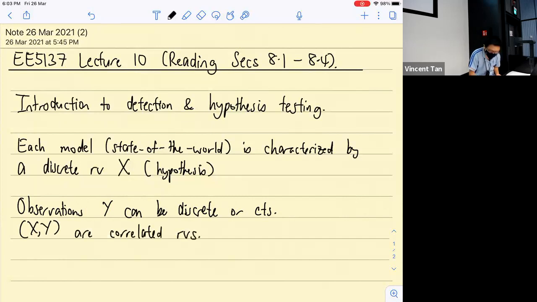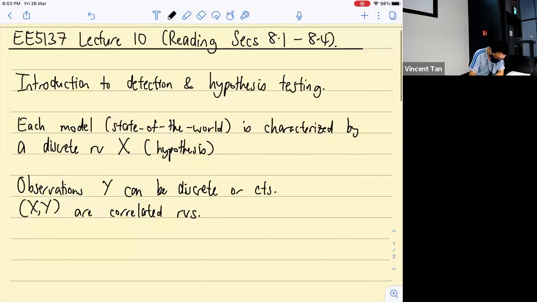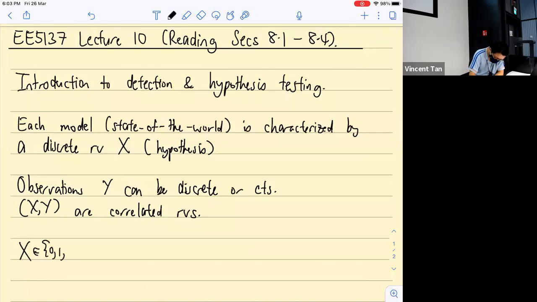If they are not correlated random variables, then you cannot use Y to say anything about X. So the whole point of this chapter is to use Y to say something meaningful about X. Okay, so the picture is as follows. We have X that takes on finitely many values, and we will say that it takes on M values, and we cannot see what X is, but rather we can observe it through Y. So these are our observations.